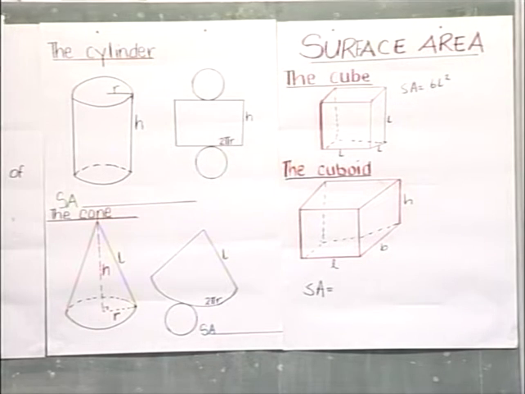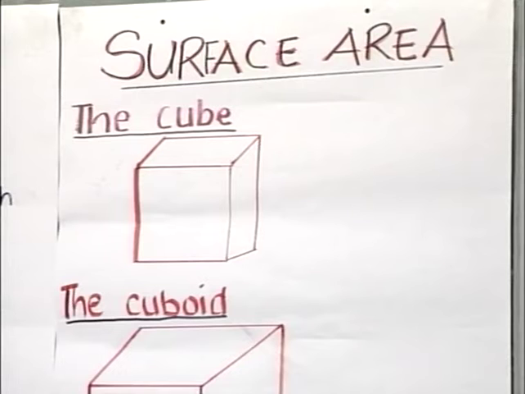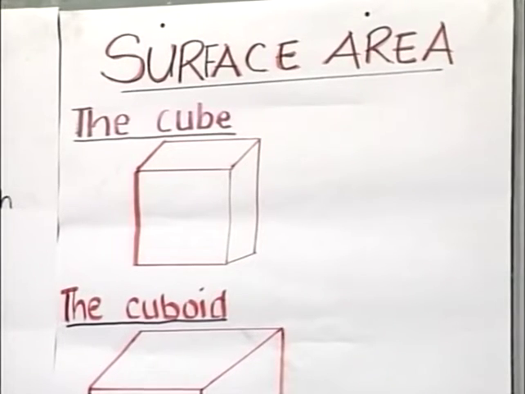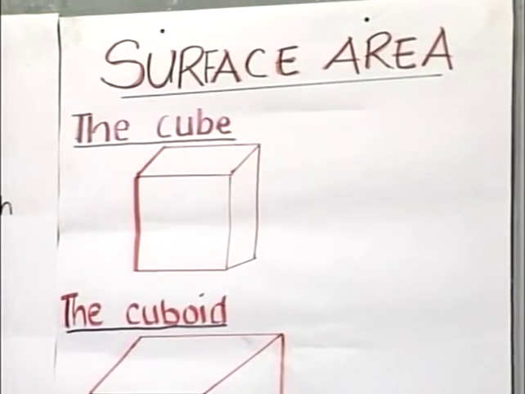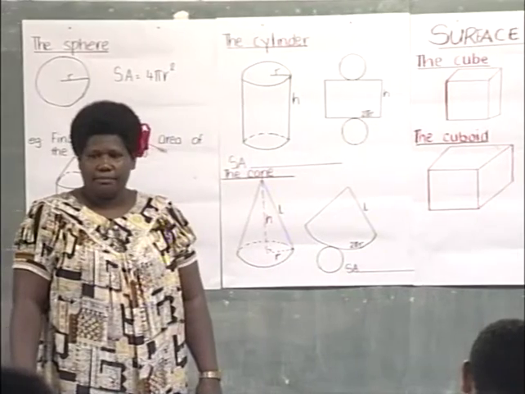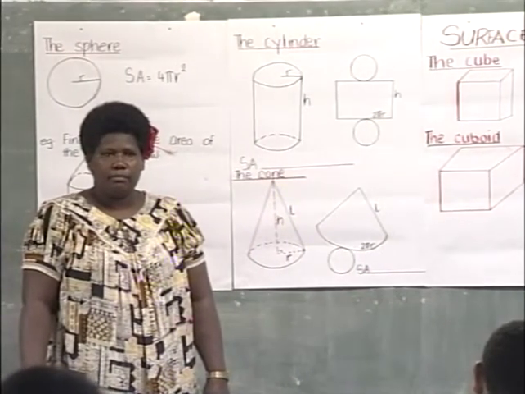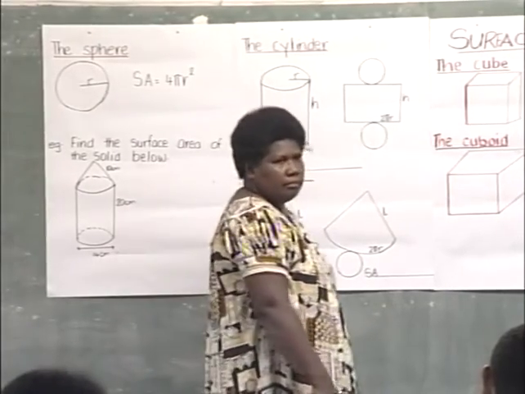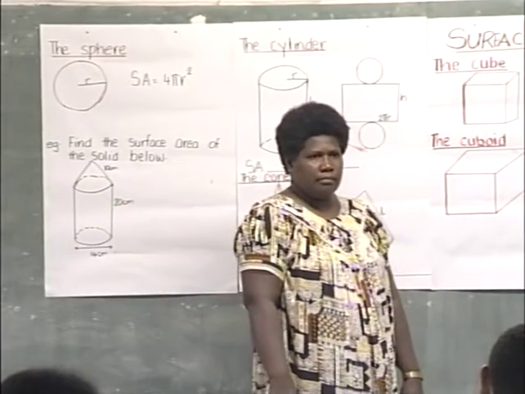Now, to find the surface area, what you have to do is find the area of all the surfaces of the solids. Now, for the cube, Margaret, how many surfaces does a cube have? Or how many faces does a cube have? Six.